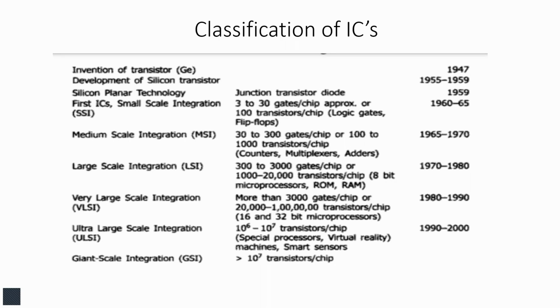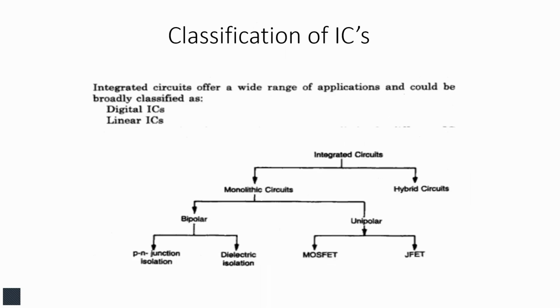So 16-bit and 32-bit microprocessors come under this category. The next advanced version to VLSI is ultra large scale integration, where around 10 power 6 to 10 power 7 transistors are fabricated. Examples are special microprocessors, virtual reality machines, or smart sensors. The next configuration is giant scale integration, GSI, where around 10 power 7 transistors are fabricated on a single chip.